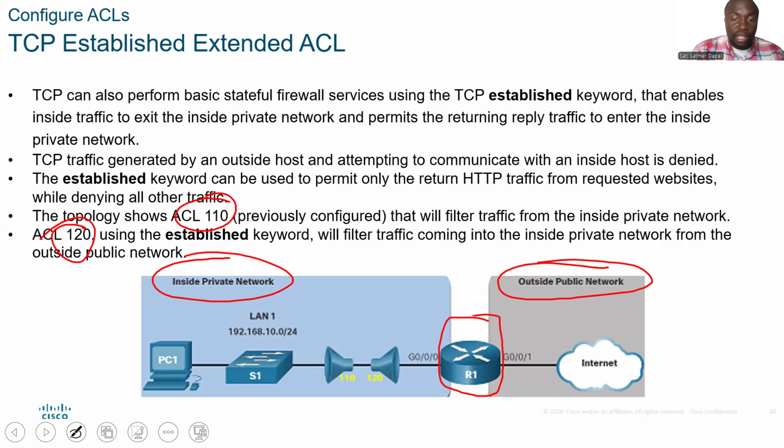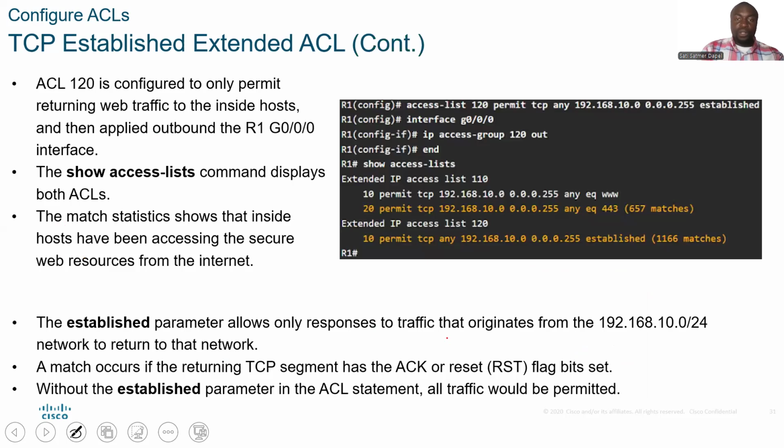The one coming into, this is the one with access list number 120, and it's configured on router 1, okay? And it will be applied on this interface. The one going outside, okay, is also configured on router 1 and will also be applied on this interface.